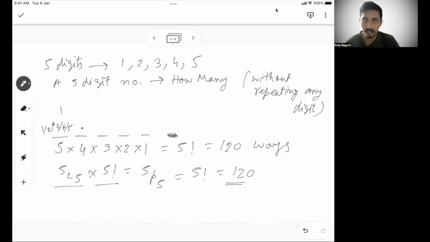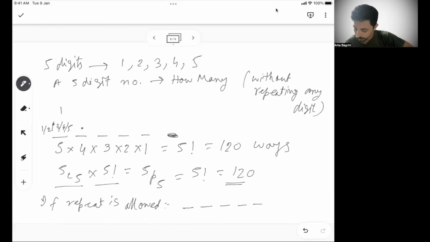Now this is without repeating. Now let's say you can repeat. If repeat is allowed, how will it change? That means you have places 1, 2, 3, 4, 5.